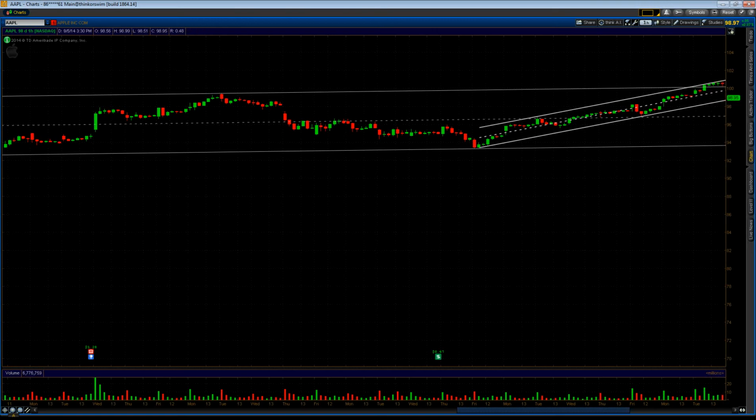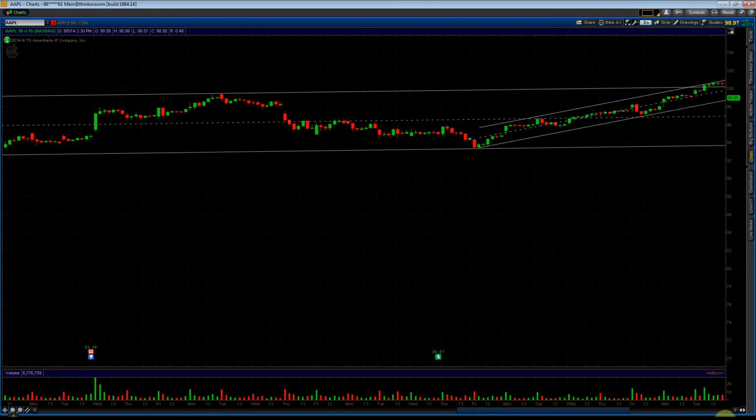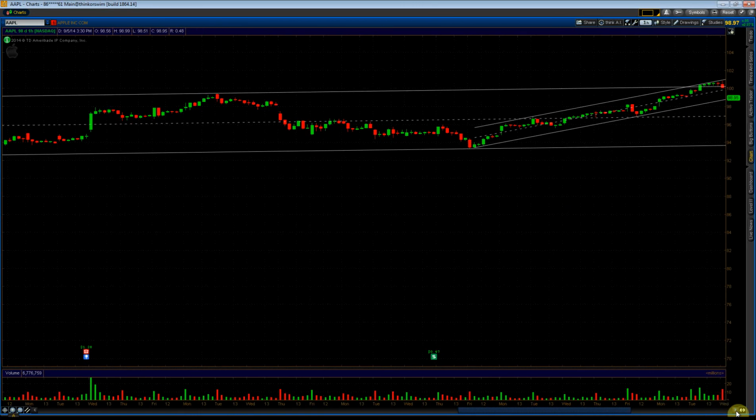Now, with that being said, let's make sure we have a clear indication of the pullback. Right now we're going sideways. Here, I'd say we got a clear indication of the pullback.